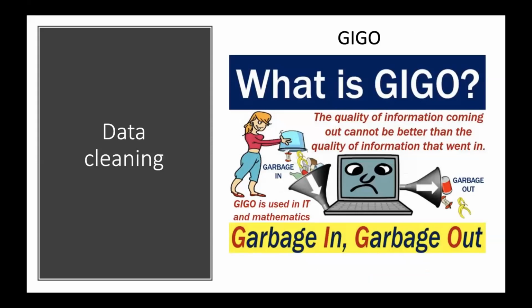What you want to do is avoid GIGO. GIGO is garbage in, garbage out. You absolutely have to clean your data. Yes, electronic data collection should have a lot fewer errors, but even in electronic data collection, you're going to get data entry errors. You're going to get problems with incomplete data.